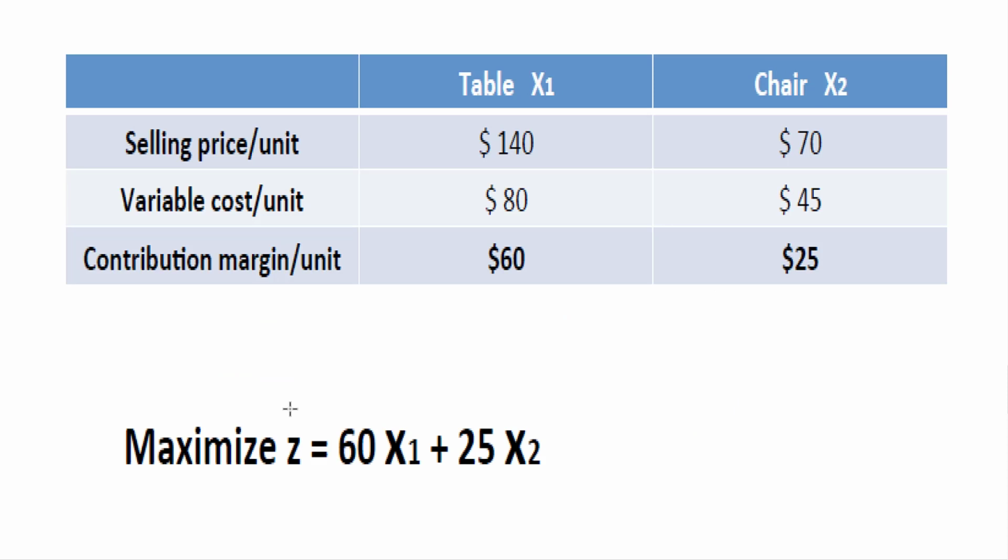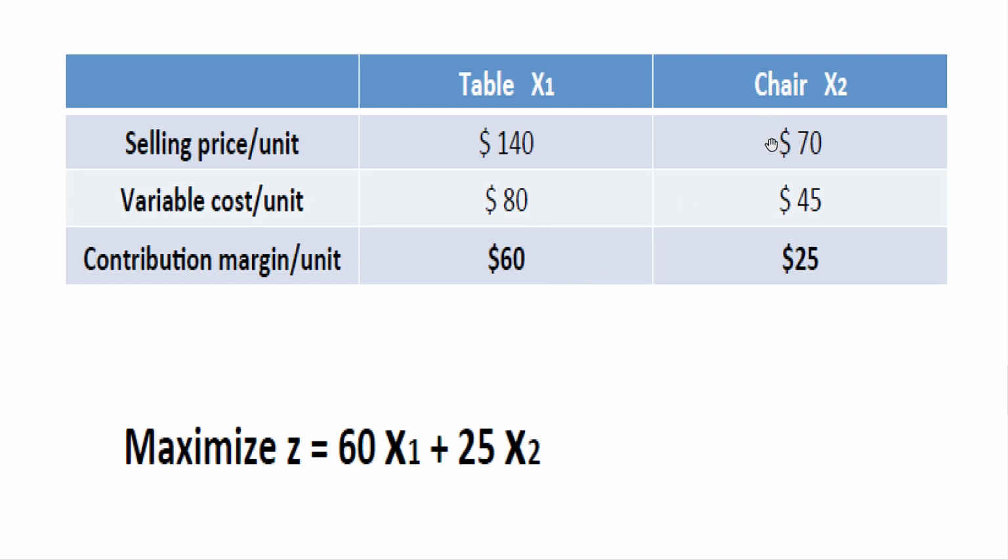The selling price per unit for a table, or x1, is 140, and the variable cost for one table is $80. So the contribution margin per unit equals 140 minus $80, which is $60. We do the same with a chair.